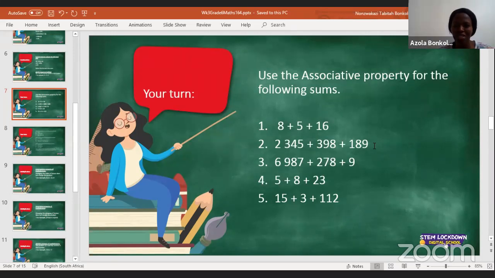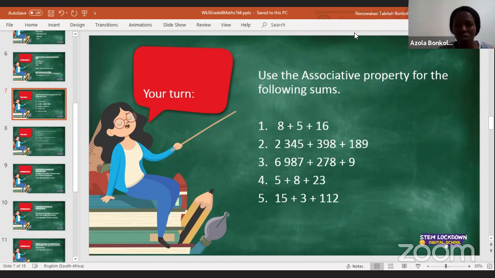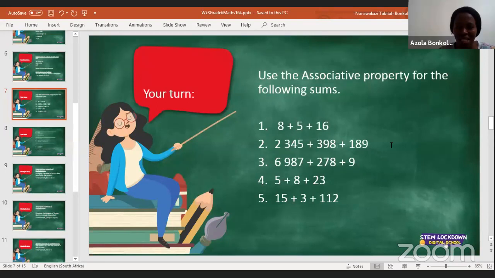No, actually, it is not 26. The last number, it's not 26. 2,936, ma'am. Okay, it's still not 36.